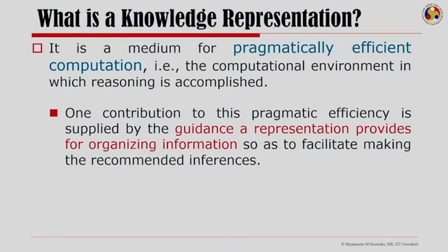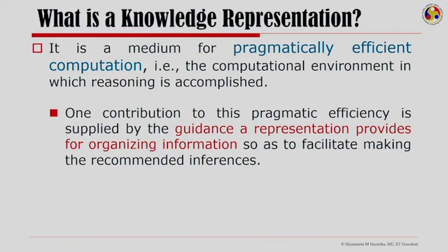Finally, knowledge representation is a medium for pragmatically efficient computation. That is, it provides a computational environment in which reasoning is accomplished. One contribution to this pragmatic efficiency is supplied by the guidance a representation provides for organizing information.